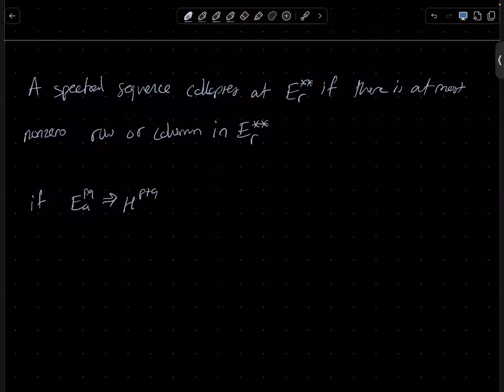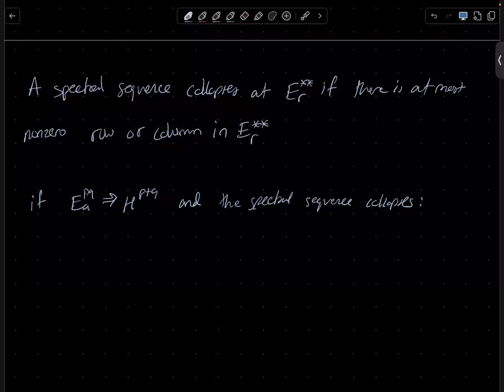So if this happens and the spectral sequence collapses, something nice happens: you can just read off the homology.